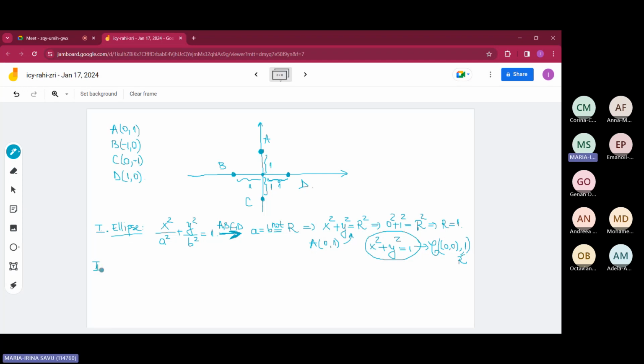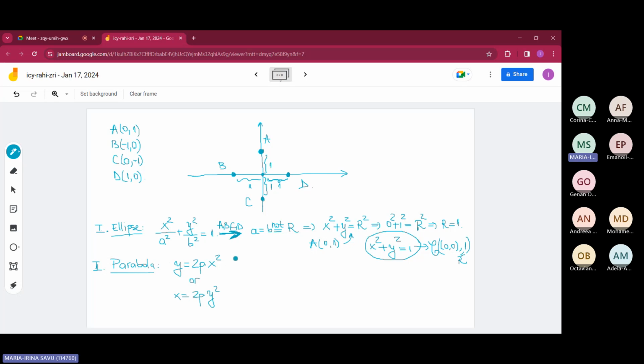Then, can you construct a parabola having this? No, it cannot be a parabola. Because the reduced equation of a parabola is y equals 2p times x squared, or x equals 2p times y squared.